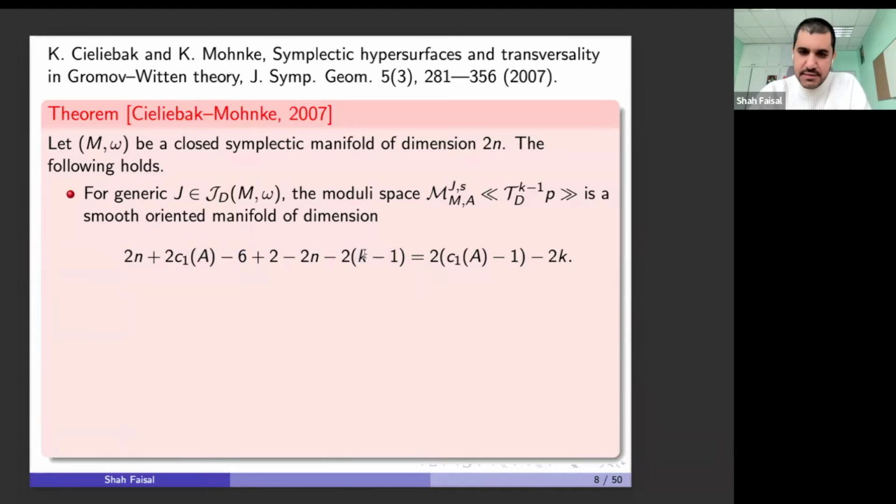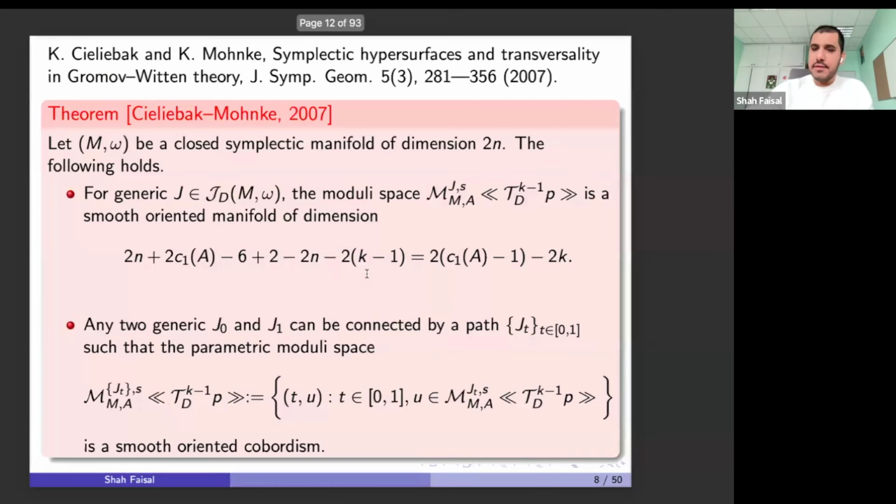To interpret this number, you take the jet evaluation map from the unconstrained moduli space to the (k-1)-jet bundle, and the jet bundle of the divisor D will be of codimension 2(k-1), and so the evaluation map is transverse generically, and it reduces the dimension by 2(k-1). That's the number.